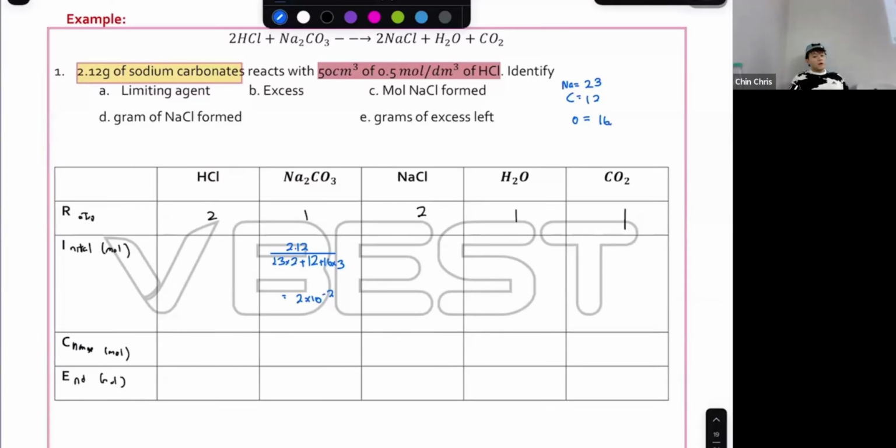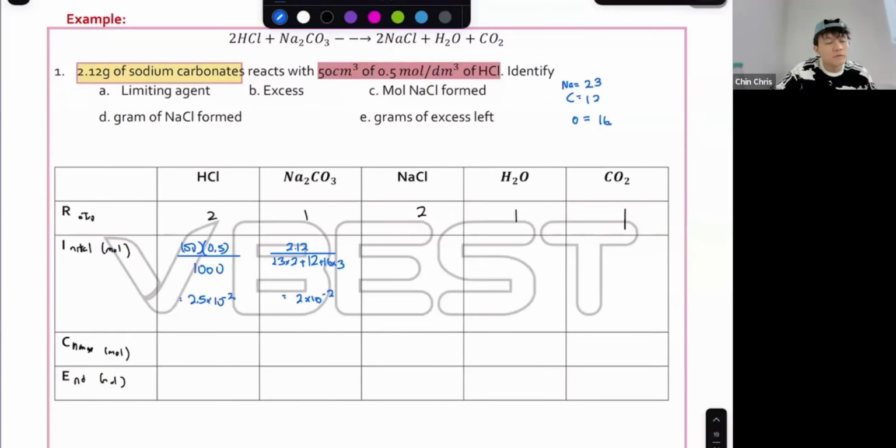Correct or not? But guys, what about your HCl? Initially, how many moles of HCl do we have? This amount, right? CV over 1,000. 2.5 times 10 to the power -2.